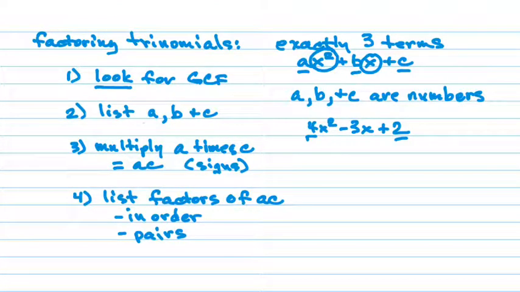Okay? So does everybody see what I'm saying? Why do they come in pairs? Because if you're multiplying, you have to multiply at least two things together, right? Otherwise, you're not going to multiply. And you need to do them in order so that way you know when to stop. Now, in the beginning, we will list every factor every time. But as you get better at this, you're going to start seeing the pattern, and then you might not have to list every factor.